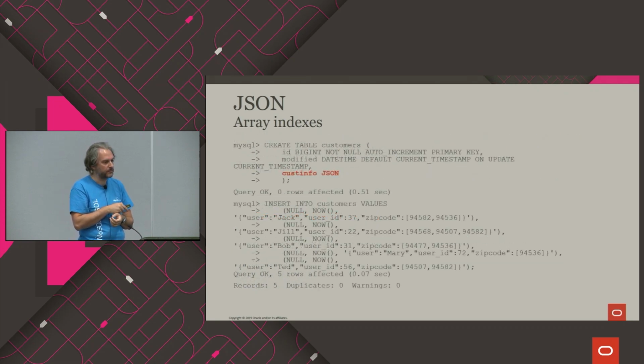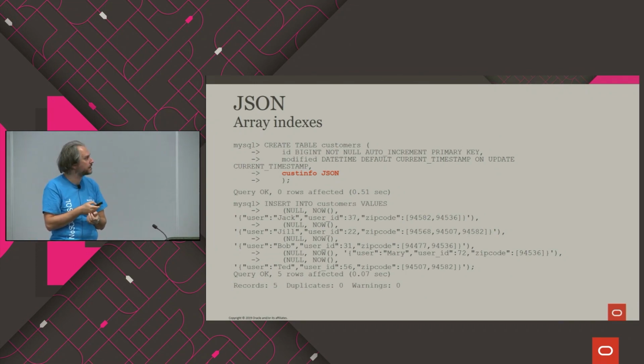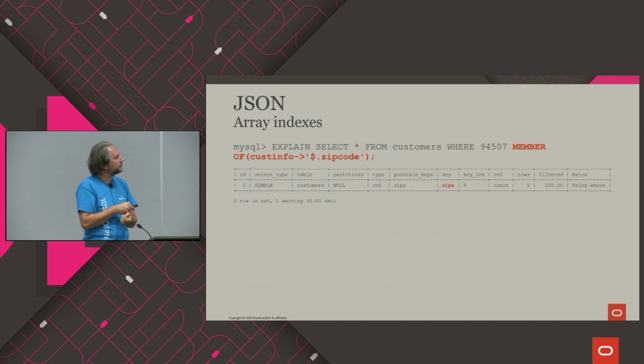And we call them array indexes, or somebody else calls them multi-valued indexes, and so on. So here it is. You do a select star from customers where this zip code is a member of the array of zip codes.